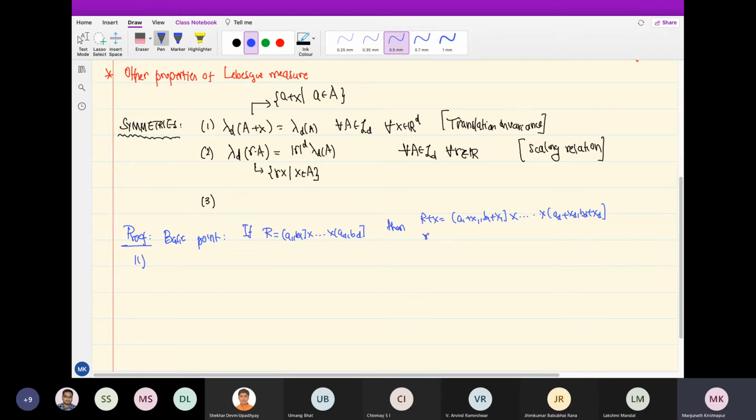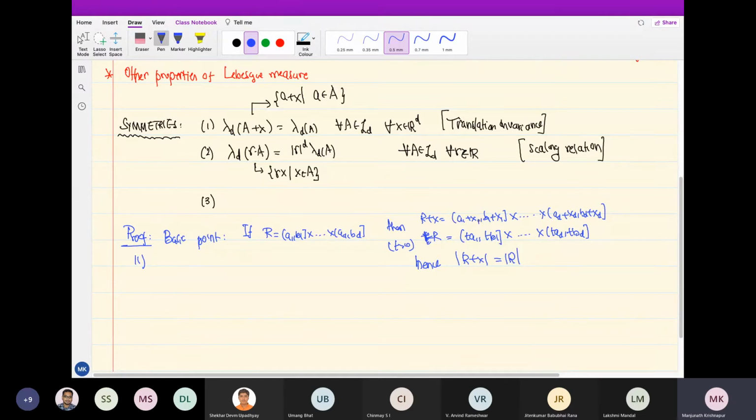And let's call it T times R. If T is positive, let's stick to that case, it will be [Ta1, Tb1] and so on. What is clear is that the volume of the thing we started with is the same as that of R plus x, because by definition it's the length of this times the length of this and so on, a product.